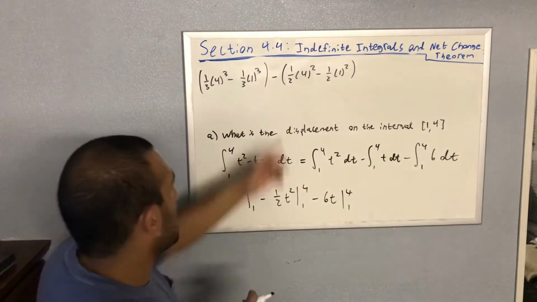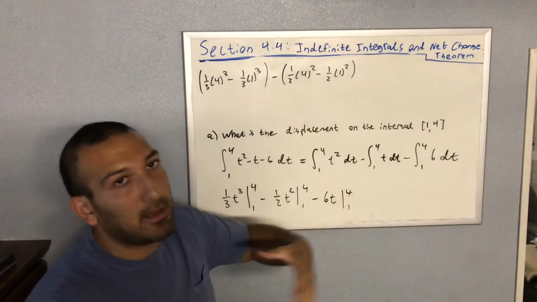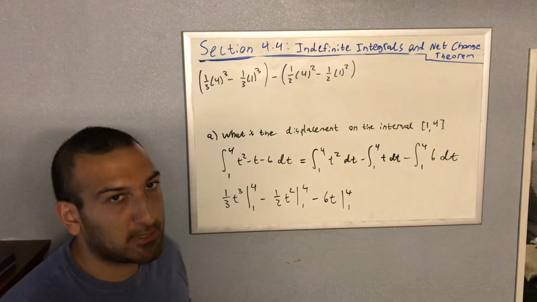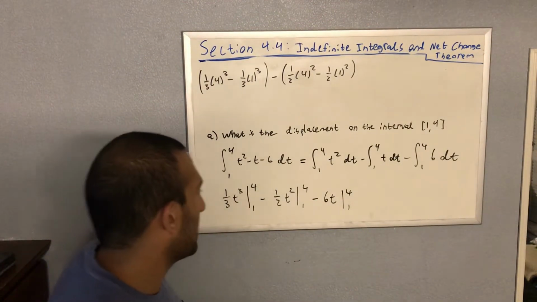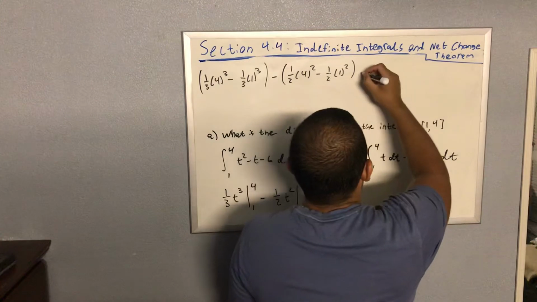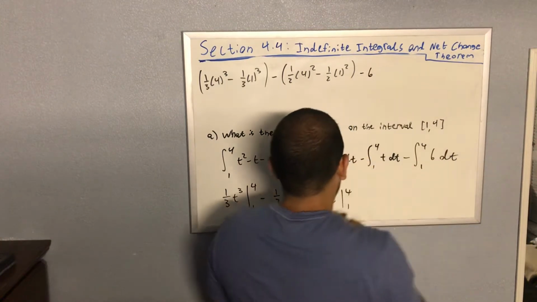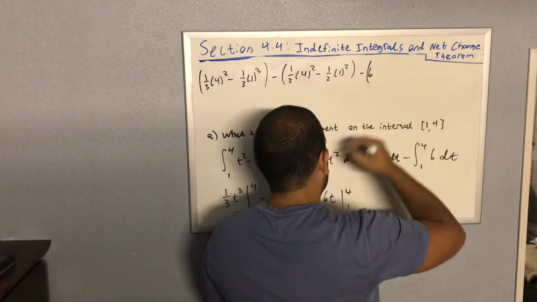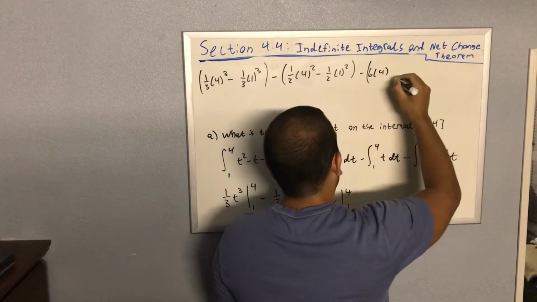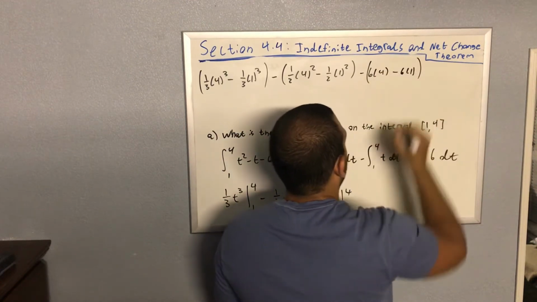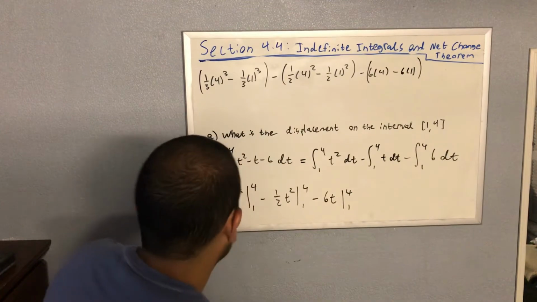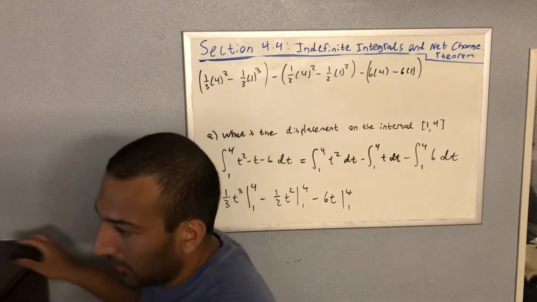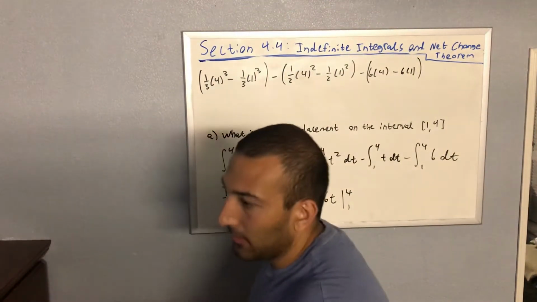Or if you want, you can distribute this minus sign right now. It's just up to you which you do. And then last but not least, minus 6 times, in parentheses, 6 times 4 minus 6 times 1. So this is all really important to do properly.